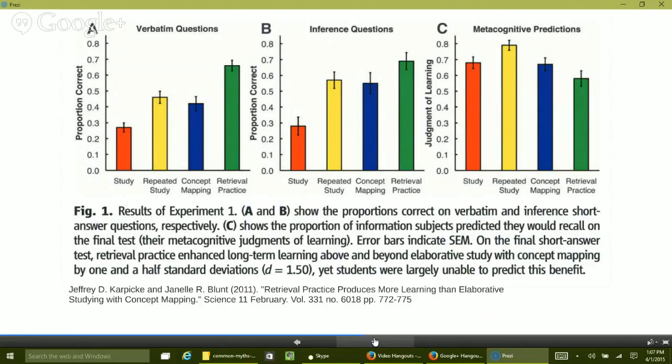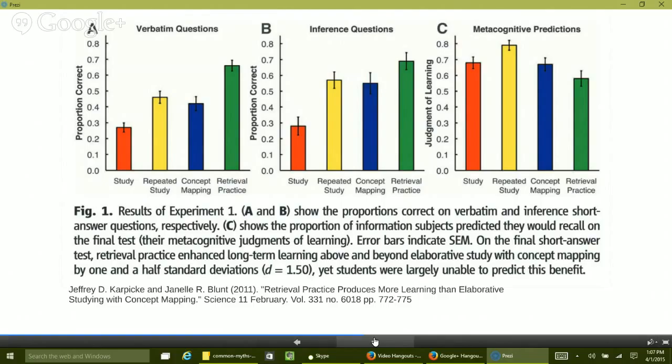Yet when students were asked what was most effective, what students thought was most helpful was repeated study. Study was second most. Concept mapping they rated third, and retrieval practice they rated lowest. So the metacognitive predictions of students in terms of what they thought were most important turned out to be exactly the opposite of the order in which they turned out to be important.